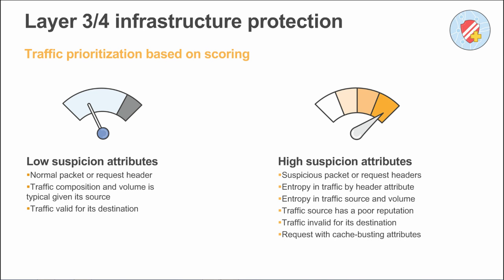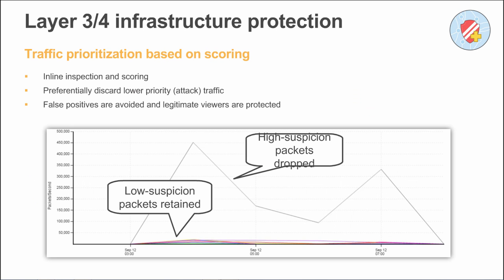We assign low suspicion scores or high suspicion scores based on the attributes. All the scoring and inspection happens inline. What this allows us to do is discard the low priority traffic and keep the traffic that we are highly confident of and let it through. What this means is that the DDoS mitigation system that we have is not black and white.